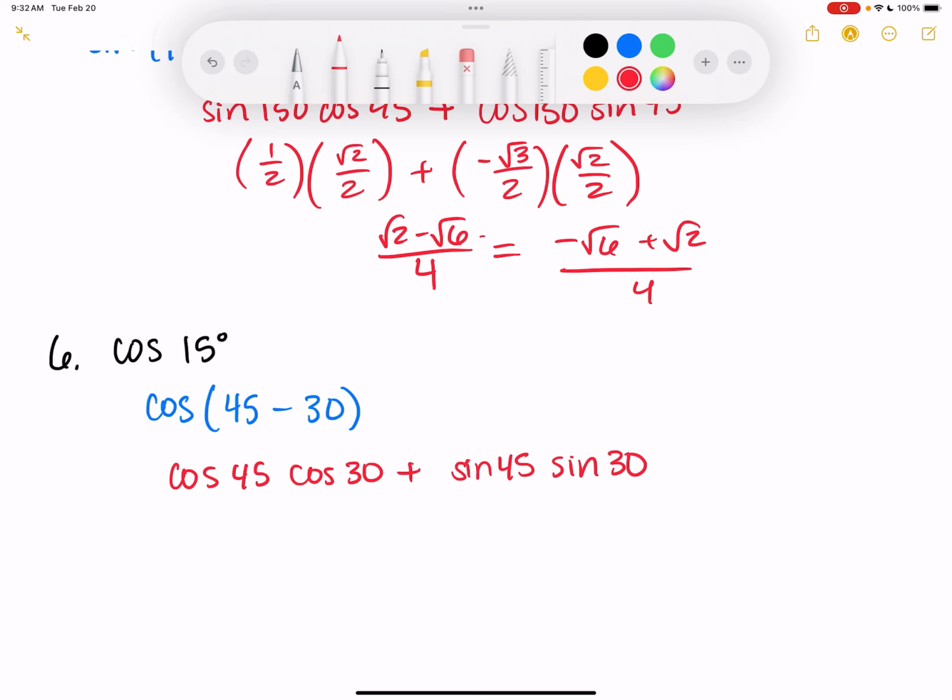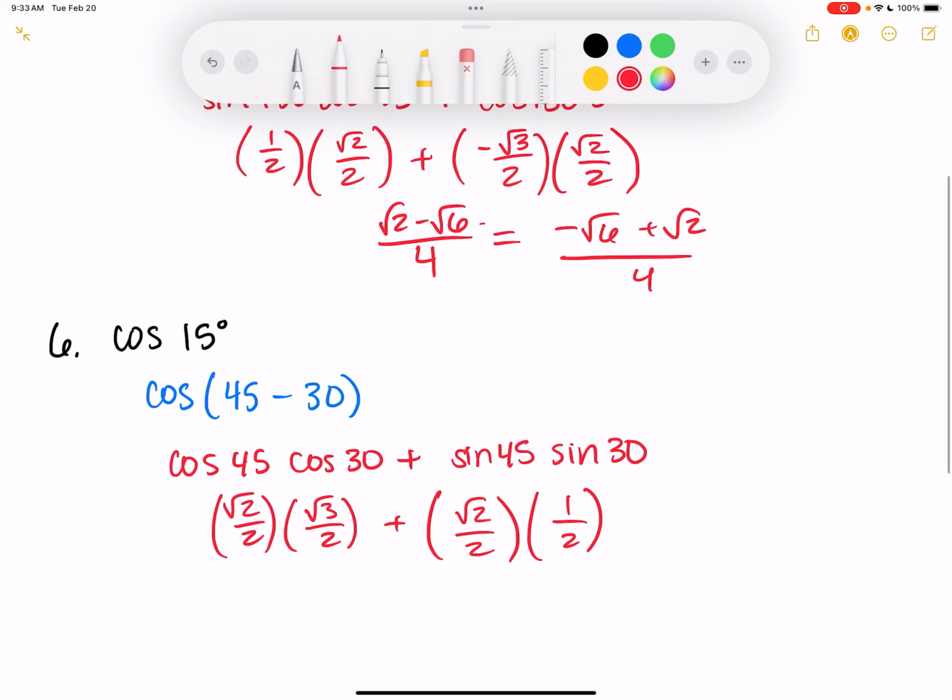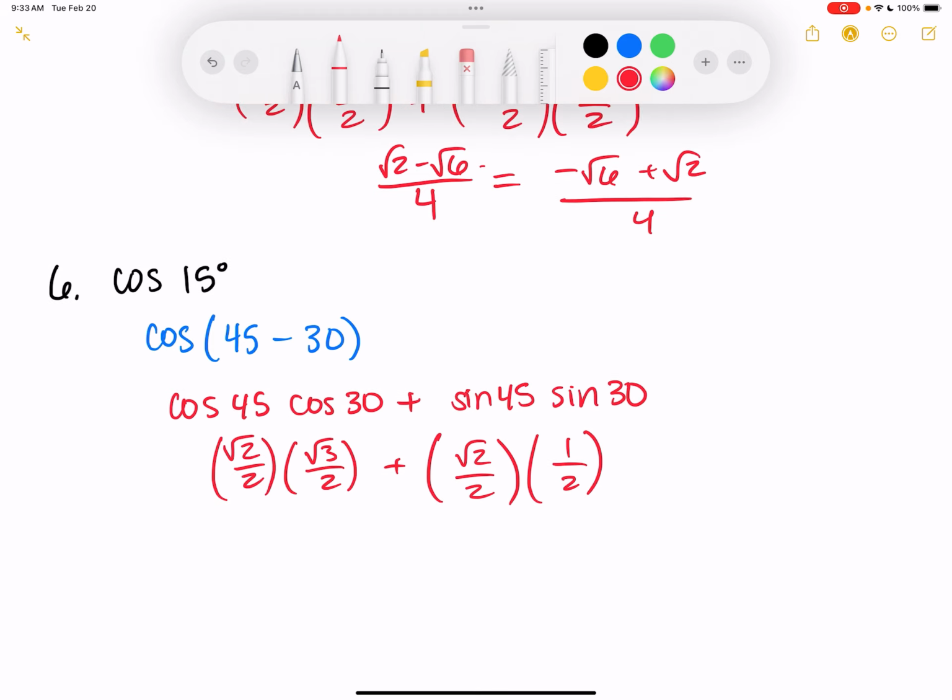So what is the cosine of 45? Root 2 over 2. Cosine of 30? Root 3 over 2. Plus sine of 45, root 2 over 2. Sine of 30, 1/2. So then I've got root 6 plus root 2 over 4.